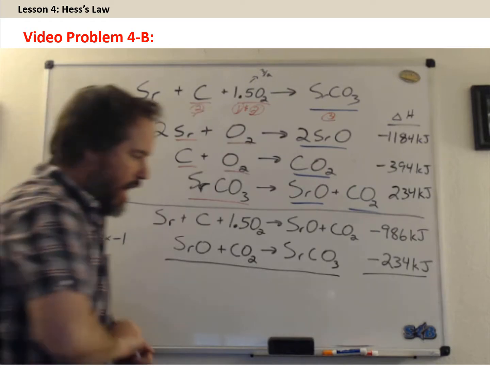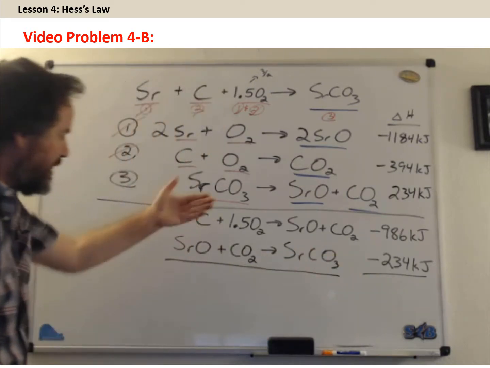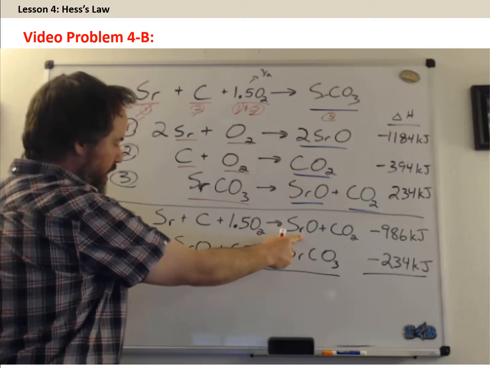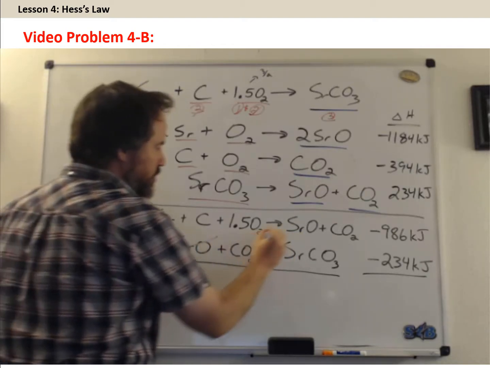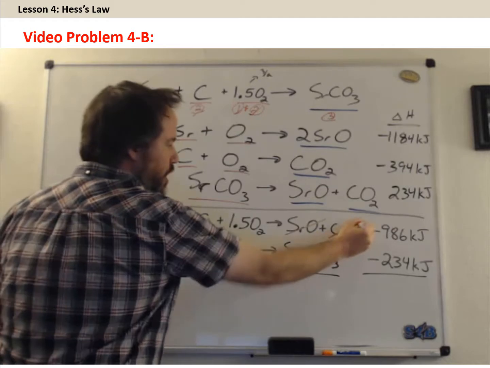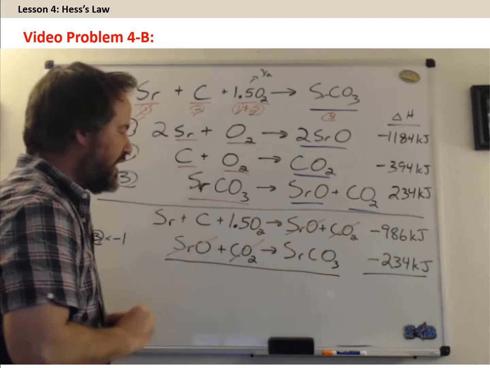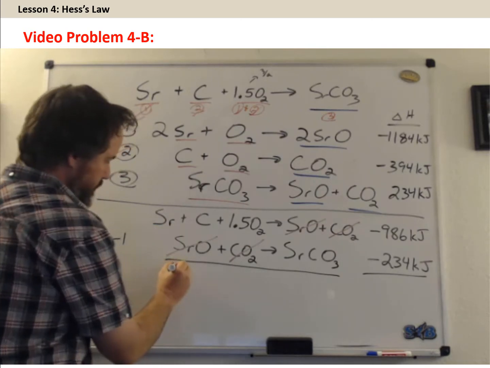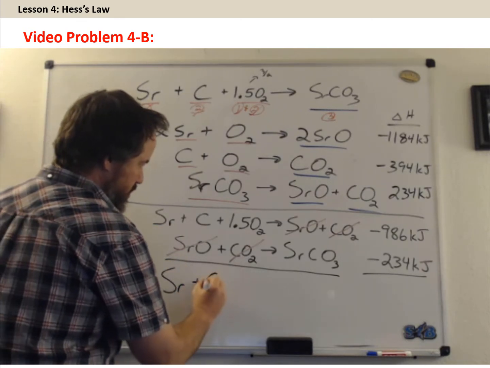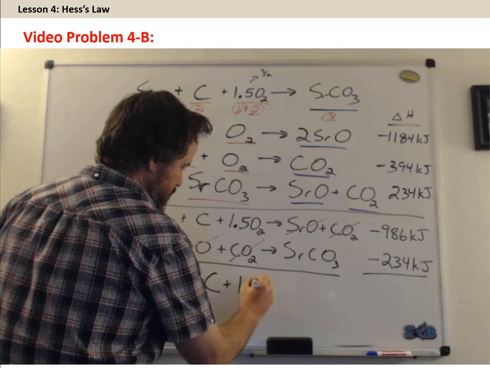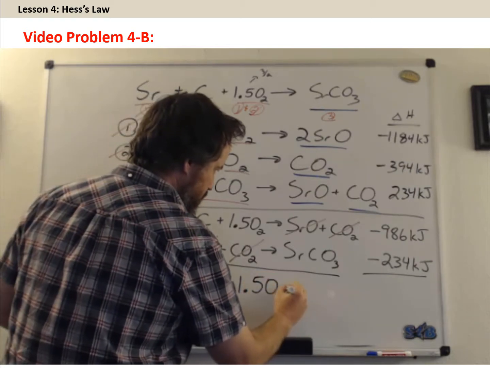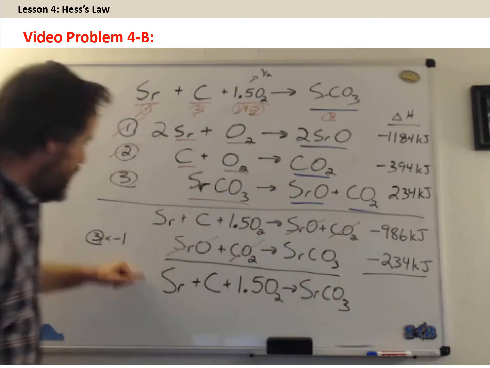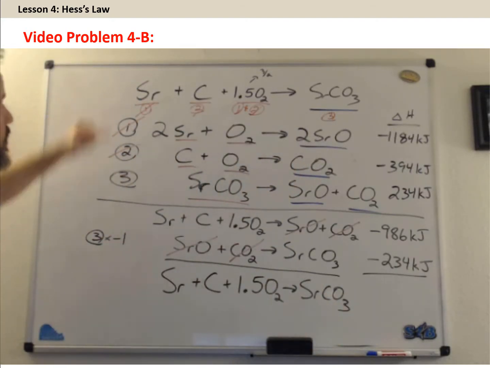Sometimes I write this down, but really we should be able to see that here it's a product, here it's a reactant, so these cross out. Here it's a product, here it's a reactant, so it crosses out. So I'm going to be left with, let me check, that looks the same.